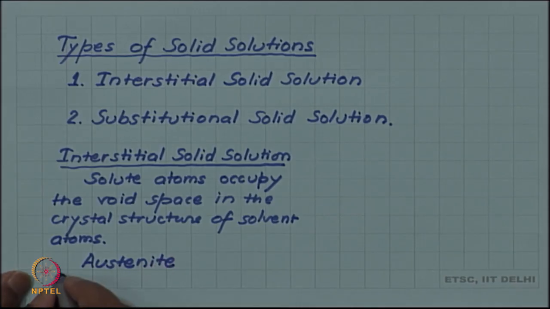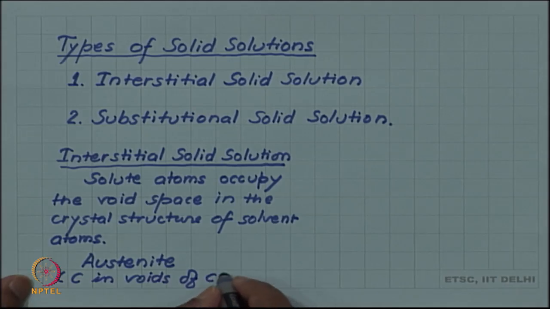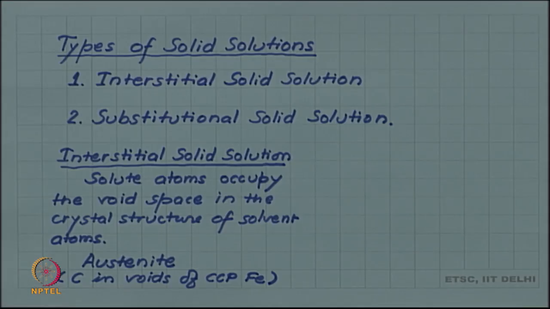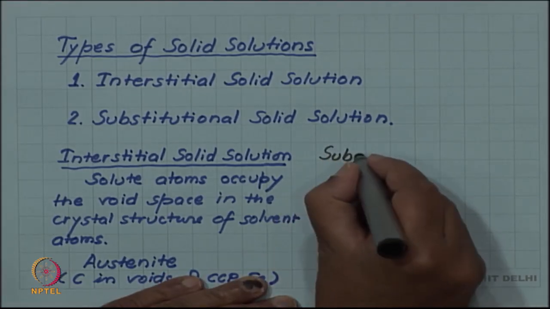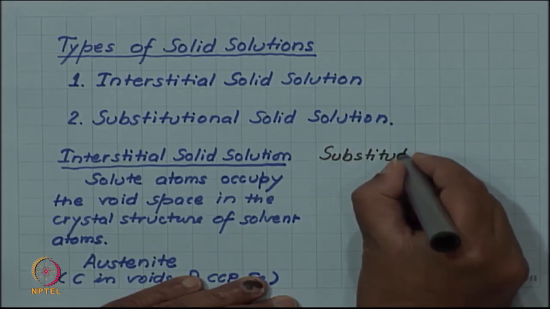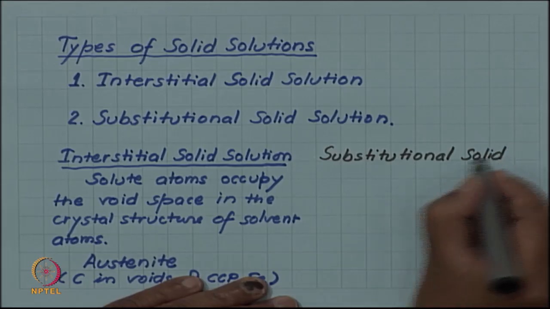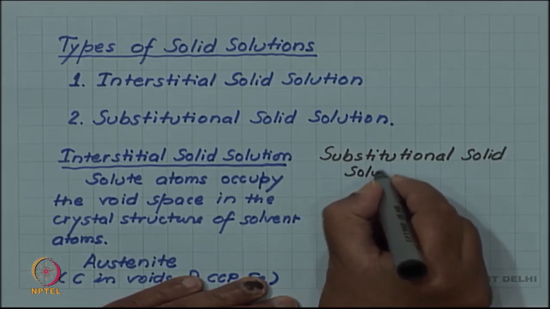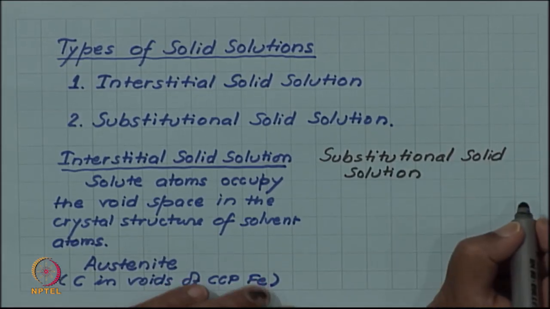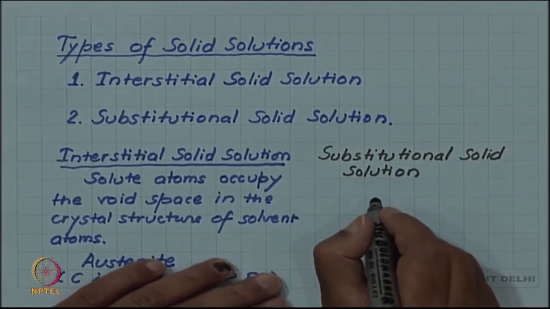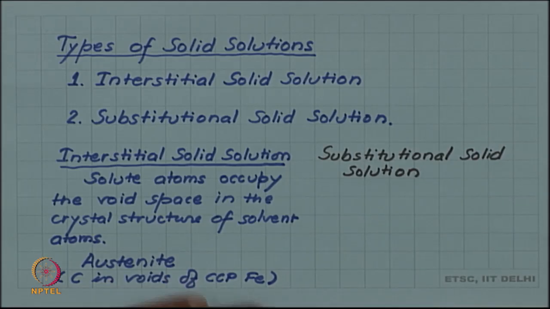So, austenite: carbon in voids of cubic close packed iron. In substitutional solid solution, solute atoms occupy the same sites as the solvent atoms.